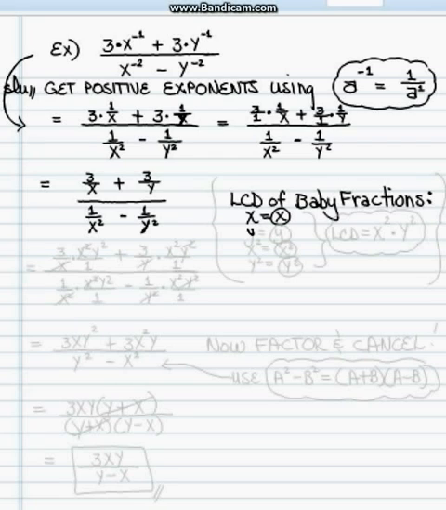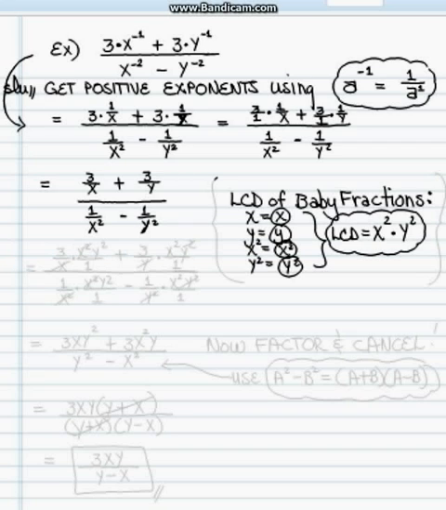We've got y, it factors down to y. We've got x squared, factors down to x squared, and y squared factors down to y squared. This was easy, there was no work to do. And you form the least common denominator as the product of each of these bases, but you use only the highest power of each one. So it turns out that our LCD for all the baby fractions is x squared times y squared.